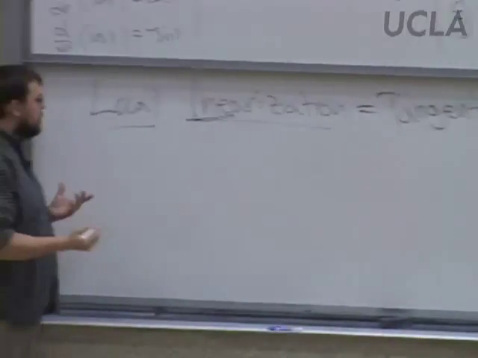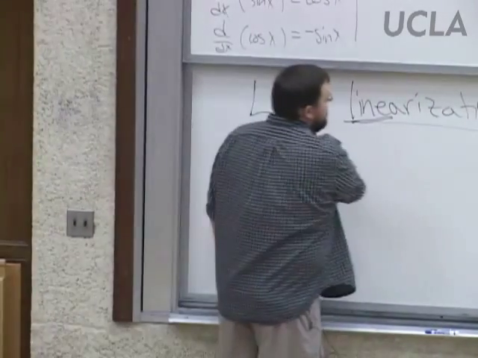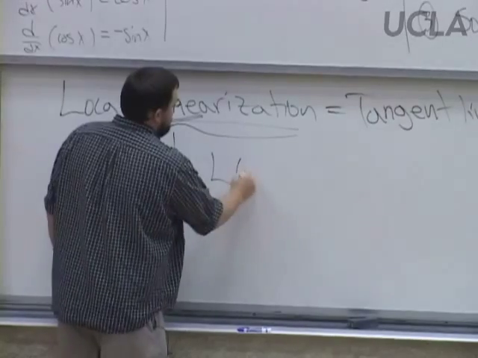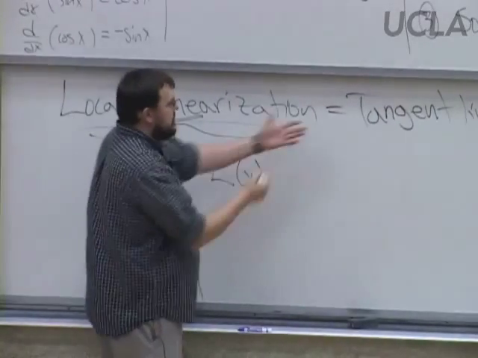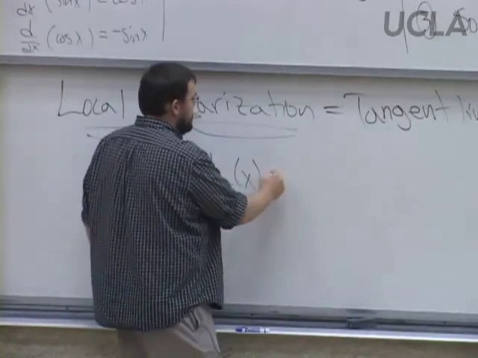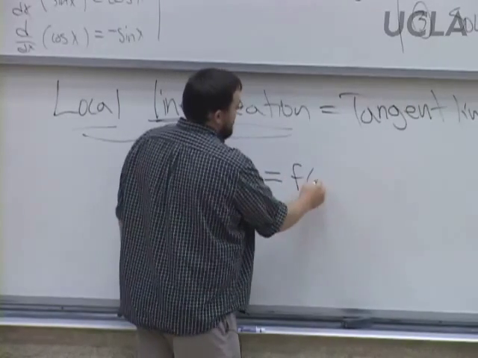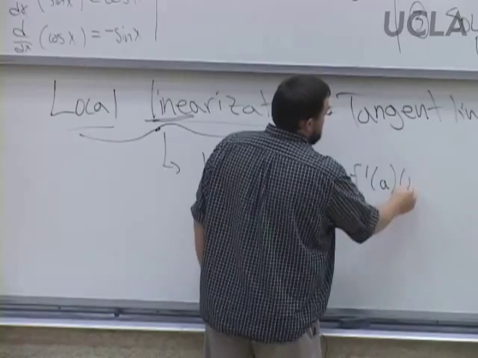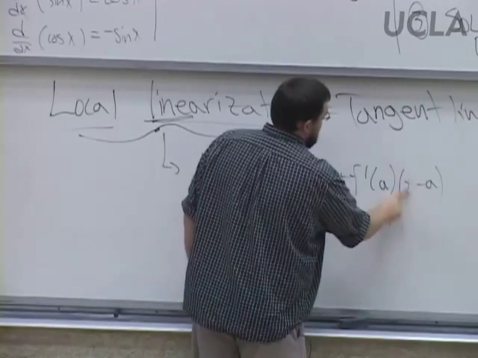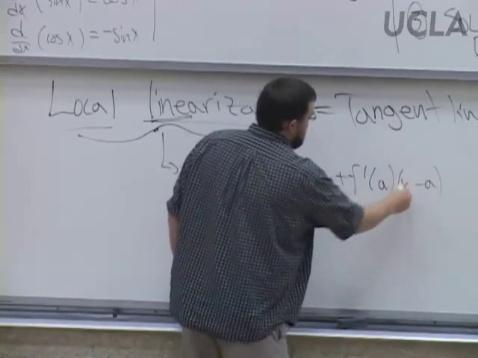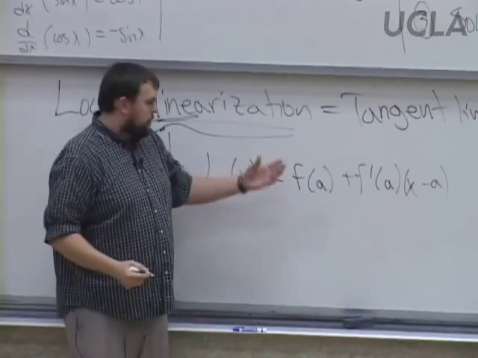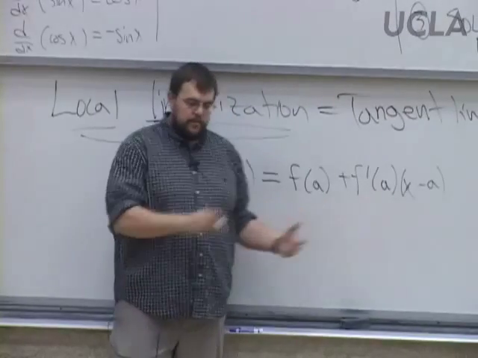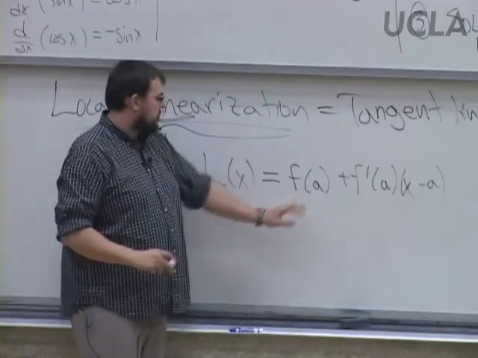So there's nothing new. So local linearization, we usually call this L of x. And so we just put in the tangent line on the other side, and we already found an equation for the tangent line. It's f of a plus f prime of a times x minus a. If you might remember it as y minus f of a equals f prime of a times x minus a, but I just put everything on one side, so I have y equals.